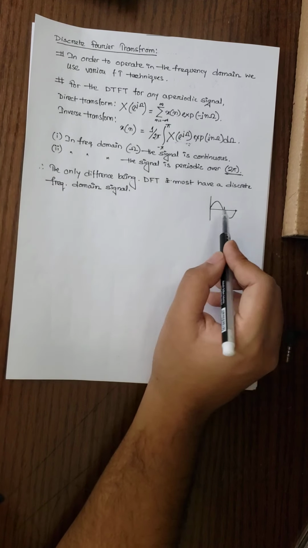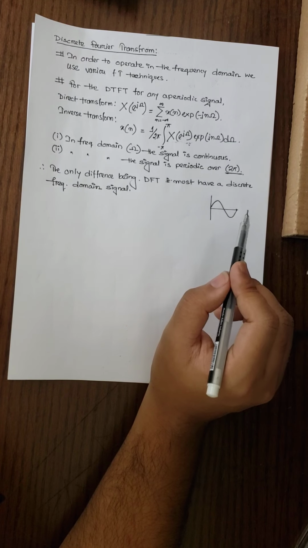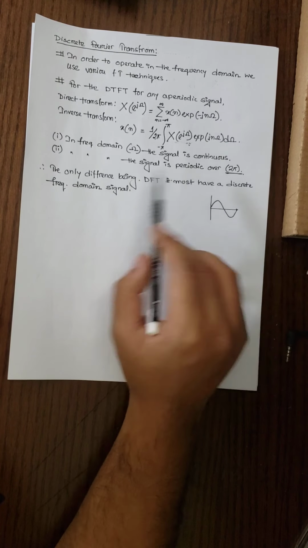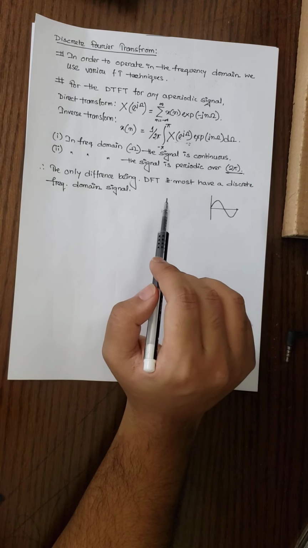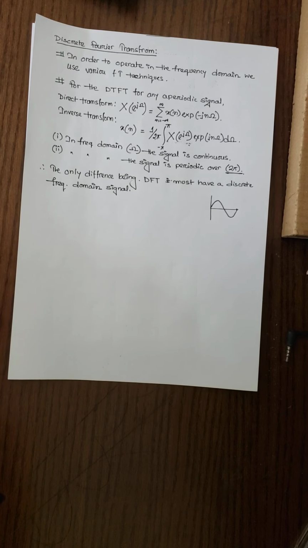I hope you understand. So, in order to make the computer more familiar with the Fourier techniques, what we need to do is transform the signal into the discrete form, which, needless to say, will be very much beneficial in our processing of the signals for further reasonings.